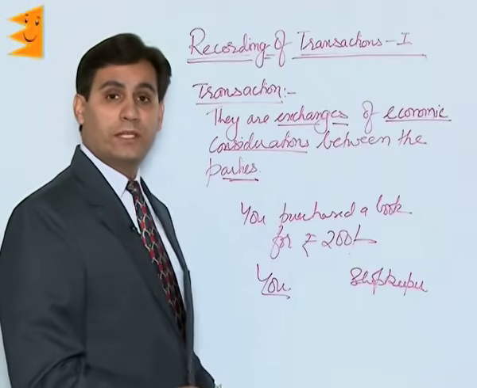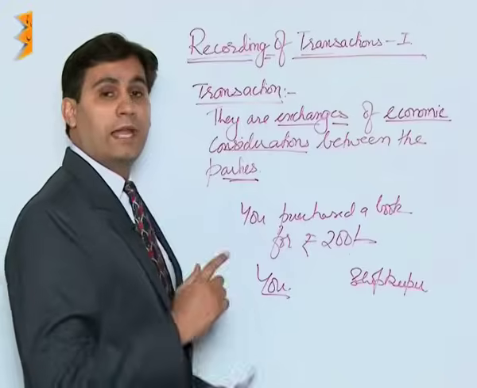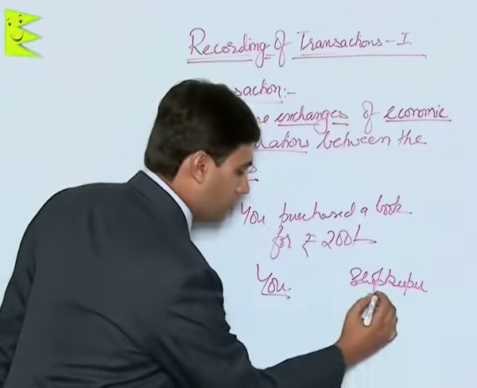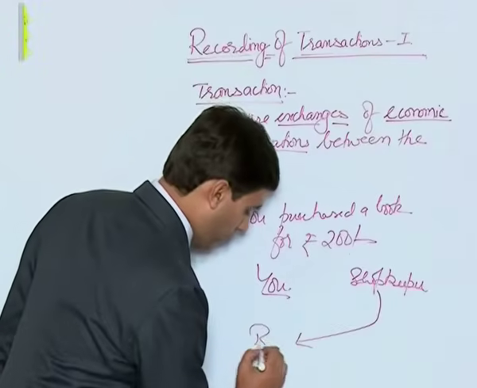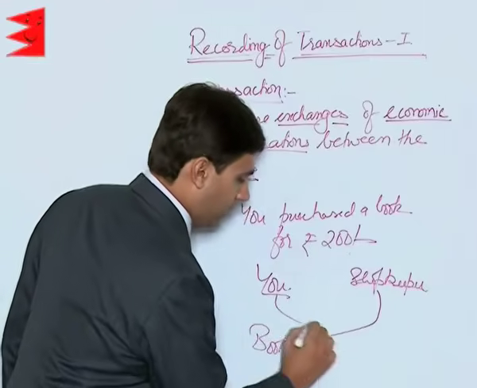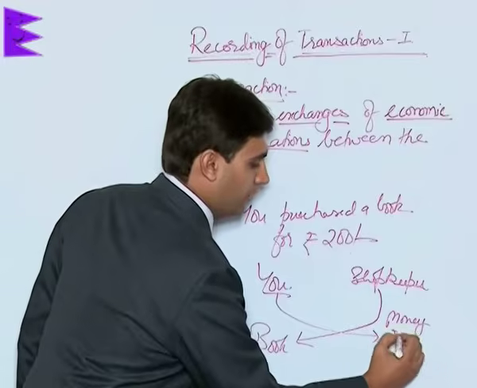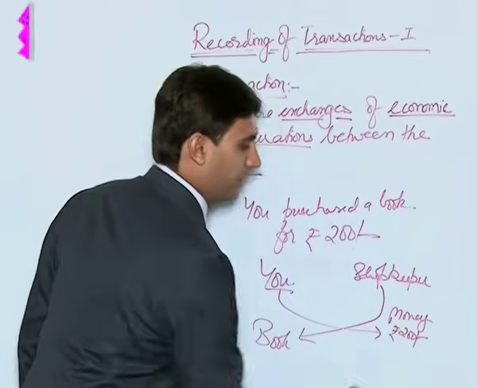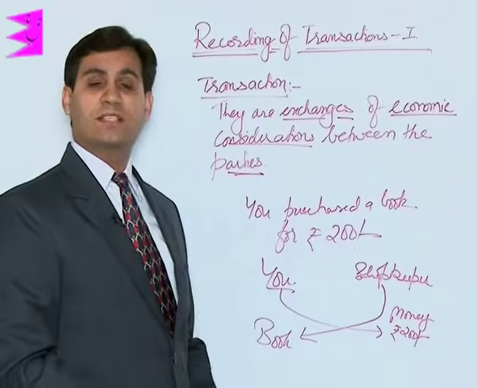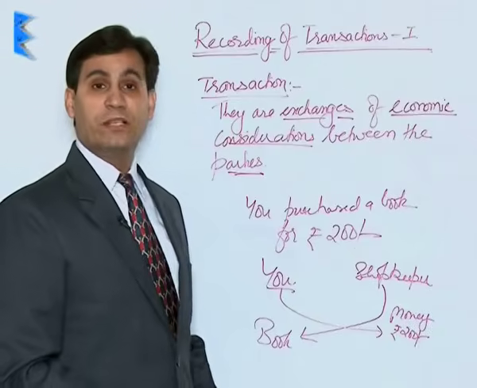And what are those two items? He gives you the book and you give him money. So the shopkeeper is giving you a book and what you are giving him is money worth rupees 200. So there is a reciprocal exchange. It is an example of a transaction.